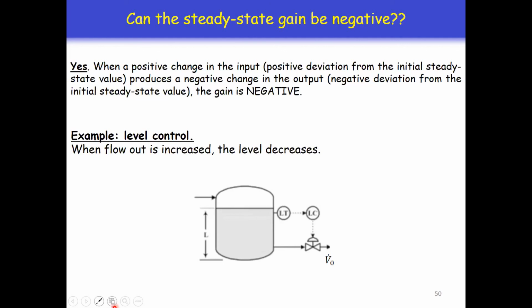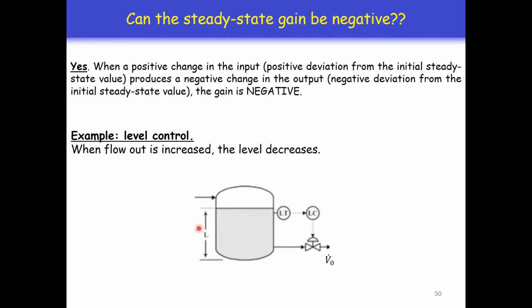Let's make an example. Let's consider the situation you have on the bottom of this slide. You have a tank, and from the tank you withdraw some liquid. What happens to the level? The level goes down. So basically you are increasing the input, and you are decreasing the output.